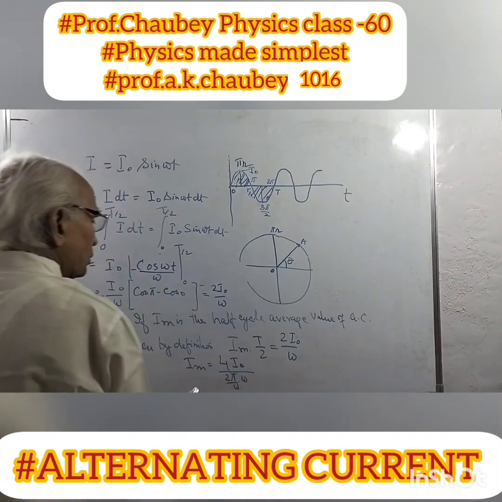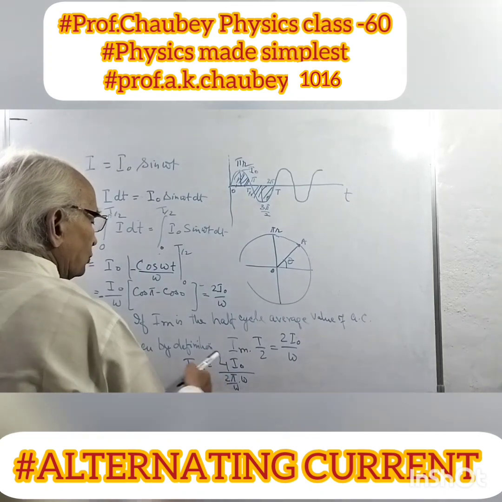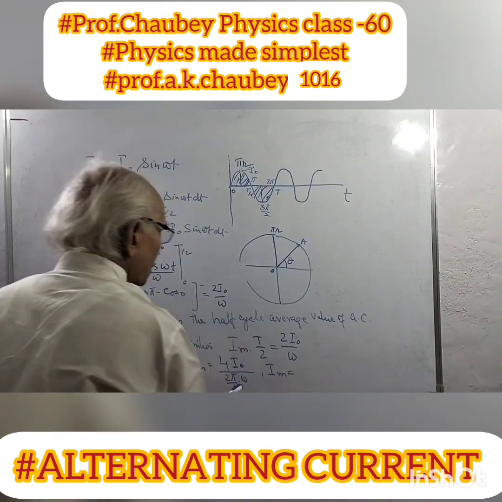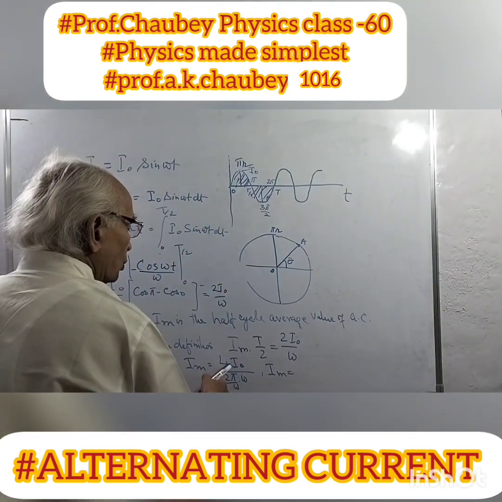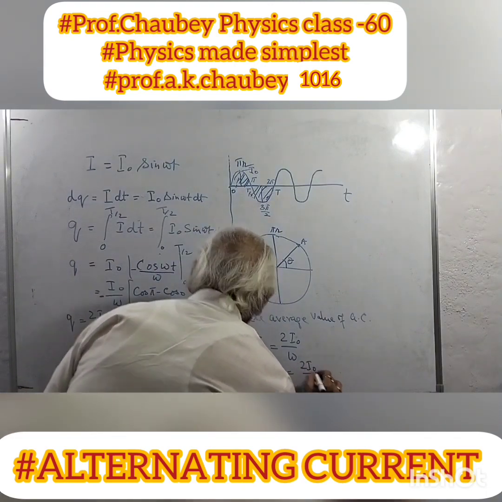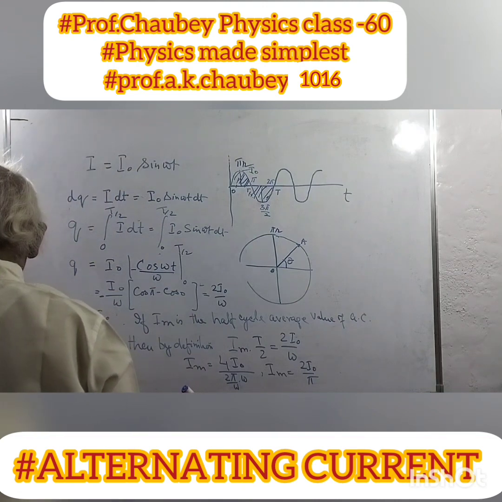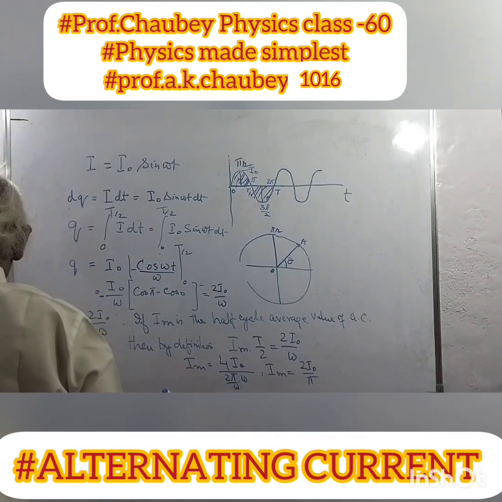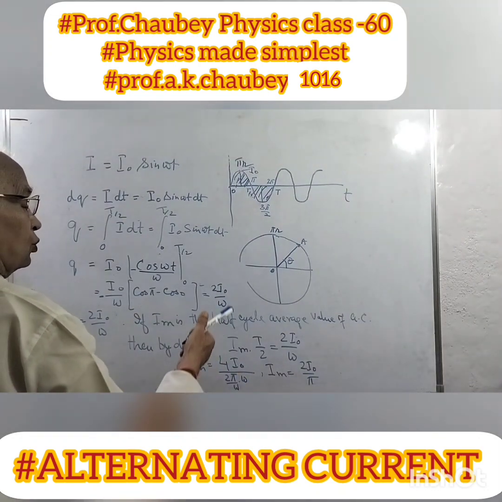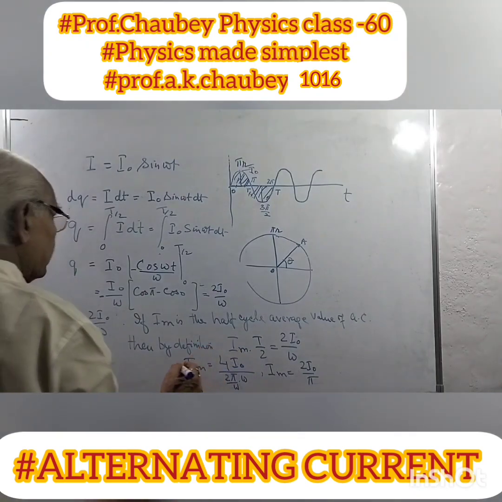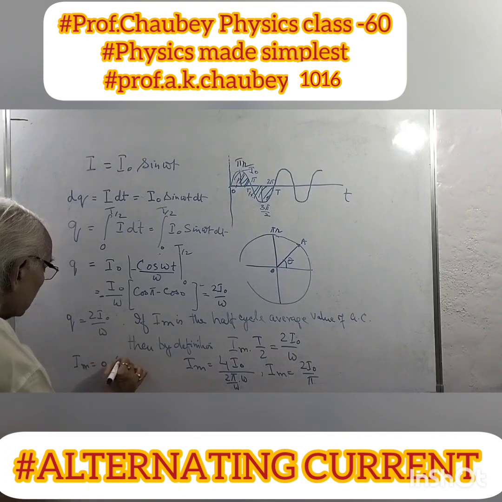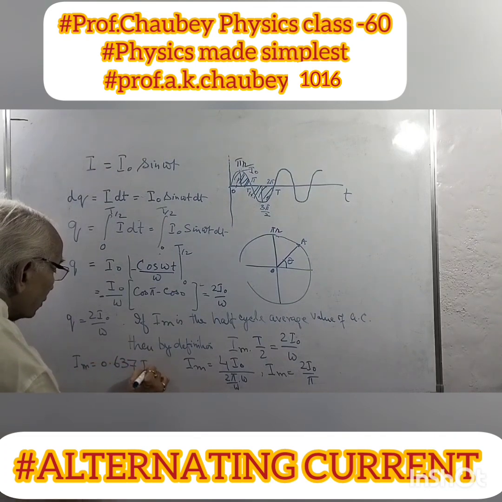Omega cancels, and Im is equal to 2 I naught over pi. 2 over pi is 2 over 3.14, which is 0.637. So Im is equal to 0.637 of I naught.